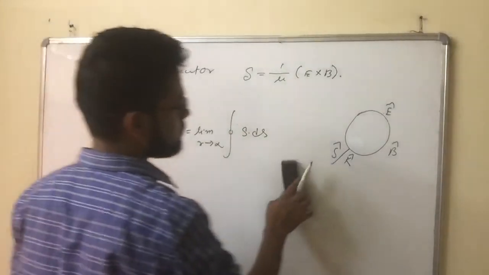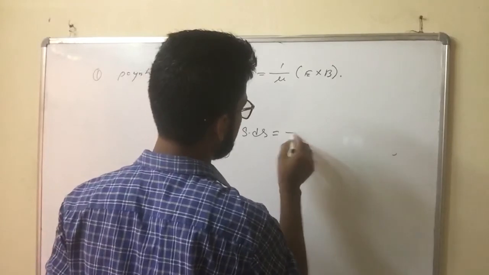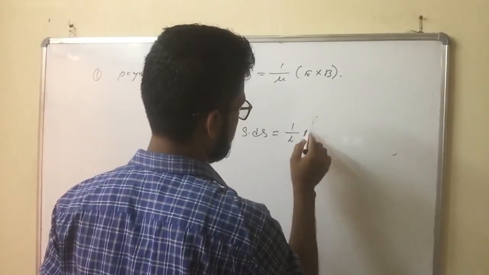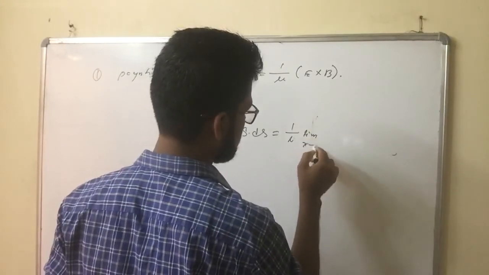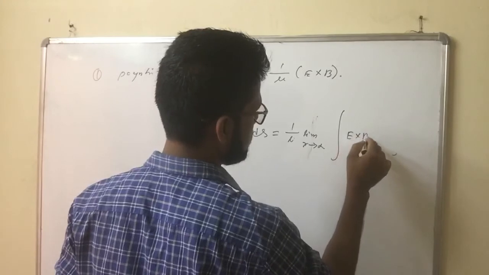So if we write 1 by mu naught, limit r tends to infinity, E cross B dot ds.